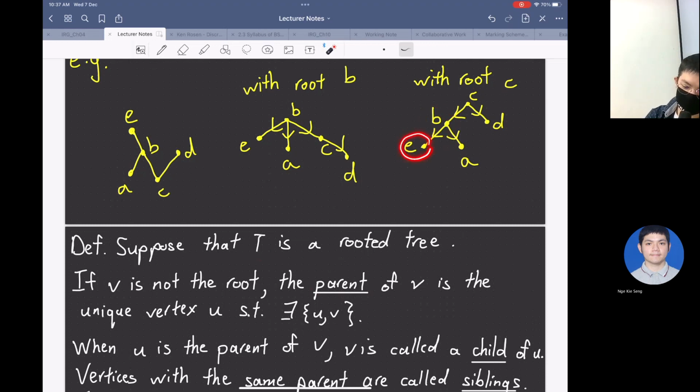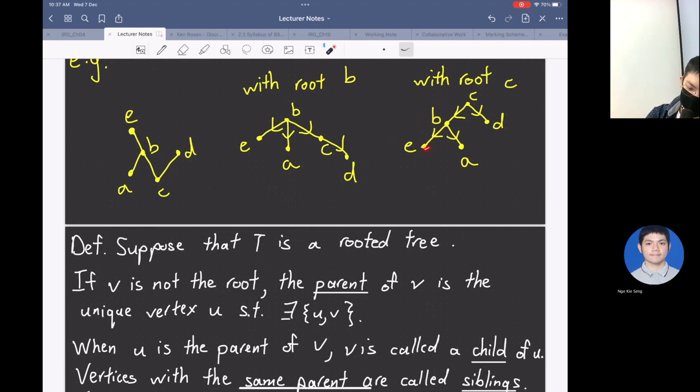For example, E. What's the unique vertex that connects to E? In this case here, it is B. So B is the parent of E. So what's the parent of A? The parent of A is B. It is the unique vertex that connects to you, and it is not a root.